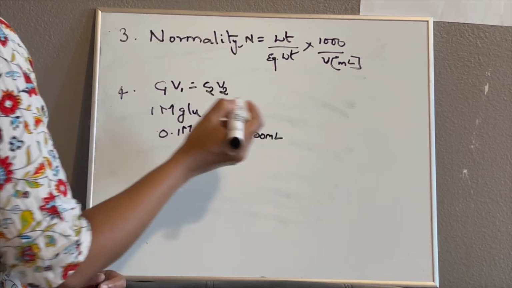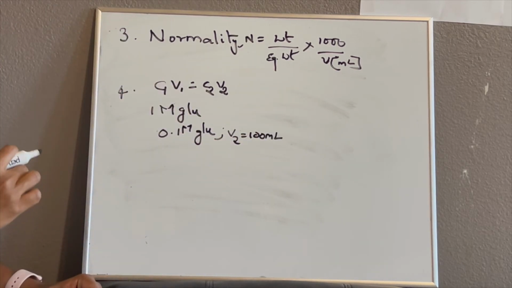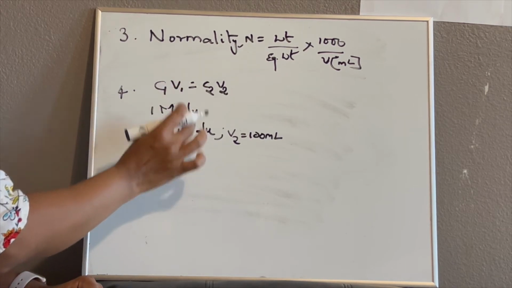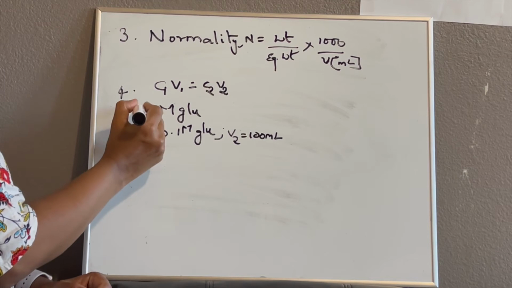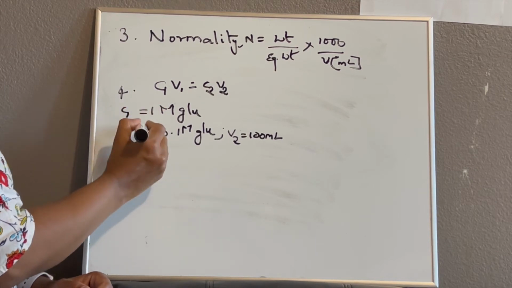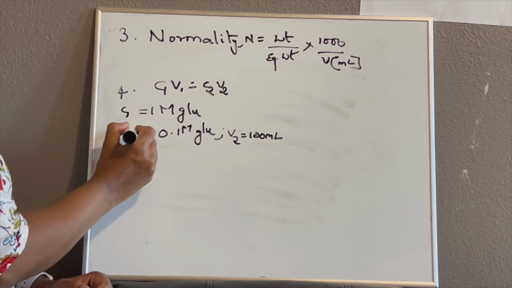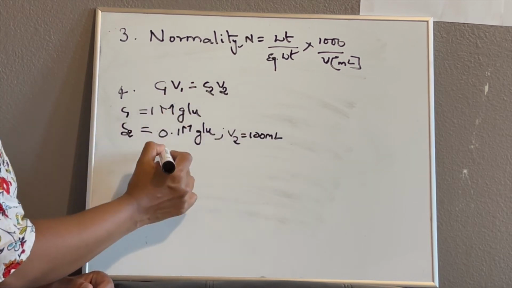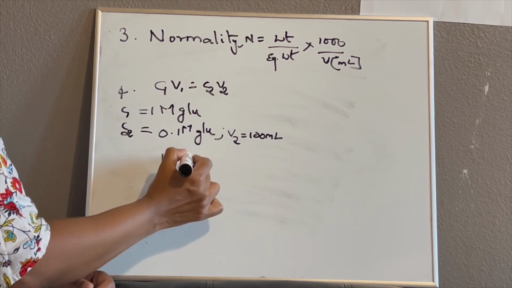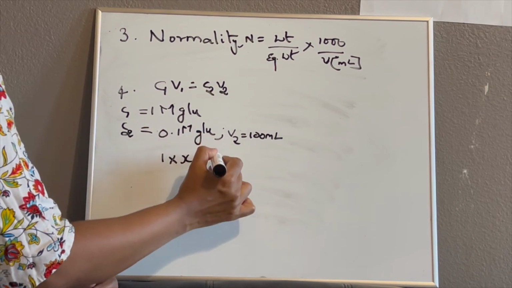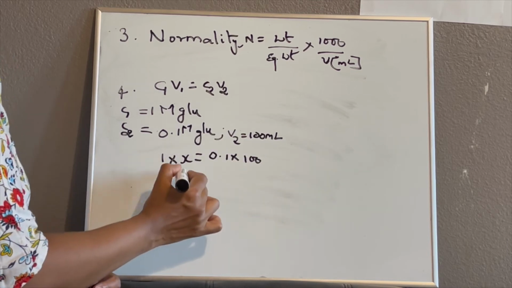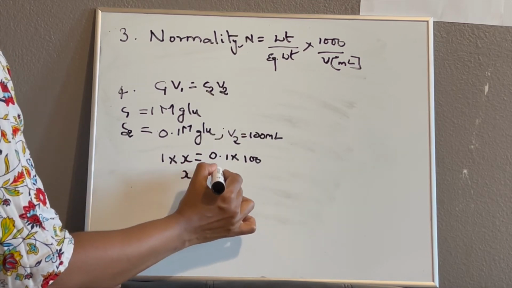So how much volume of the high concentration solution do you need? Simple. Let's put all the values into the formula. This becomes C1, this becomes the final concentration C2, and this is the volume V2. So 1 into X is equal to 0.1 into 100. So X becomes 10.